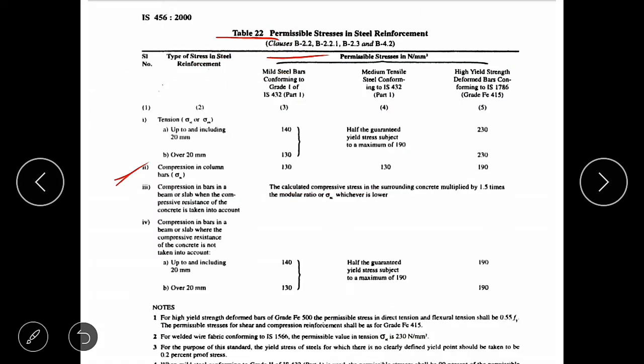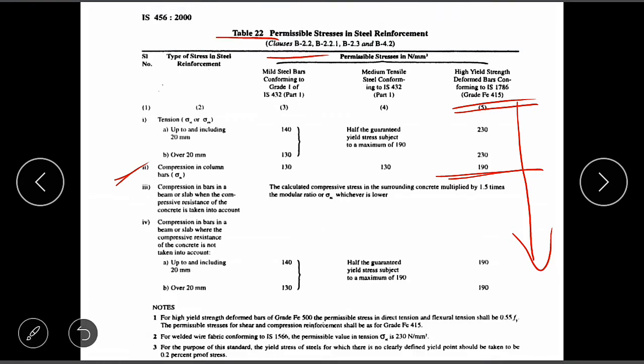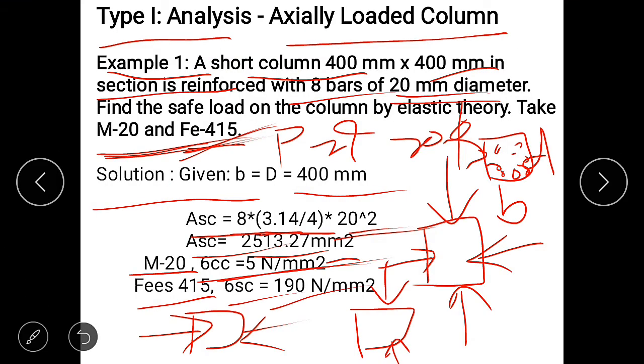So for Fe415, the yield stress for steel, sigma sc, is 190. So here we take 190 Newton per mm square. Okay.